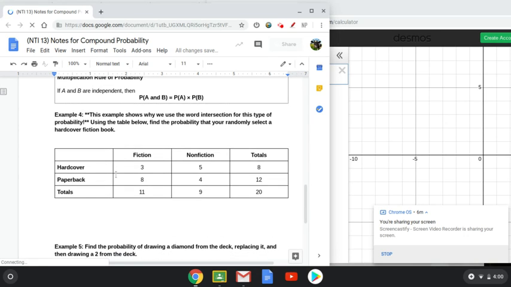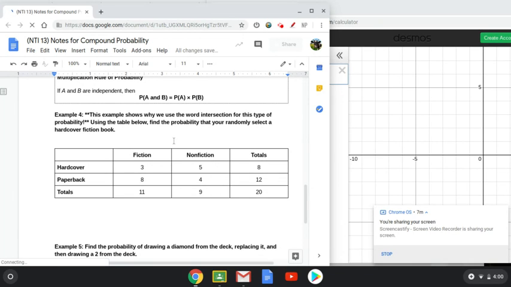Okay, so example 4, we'll start out with a table. I think you'll see why we use the word intersection when we talk about probabilities involving and. It says, using the table below, find the probability that you randomly select a hardcover fiction book. Another way I could read that is find the probability that you randomly select a book that is both hardcover and fiction.